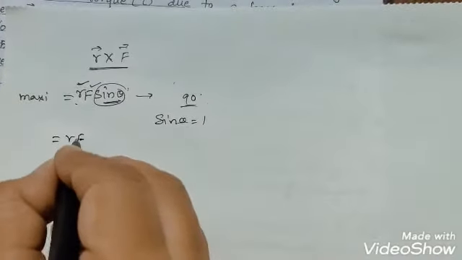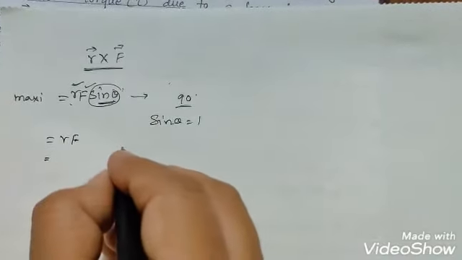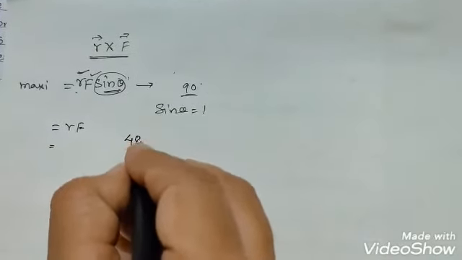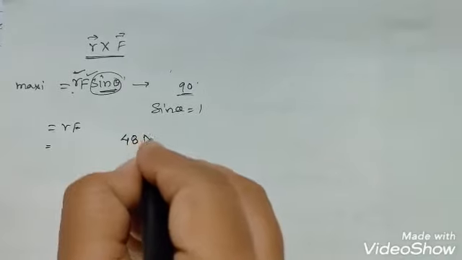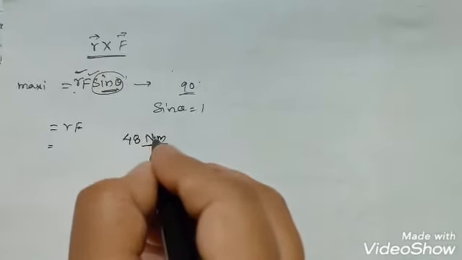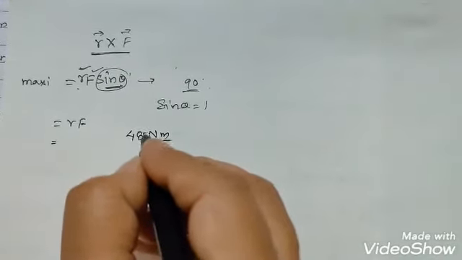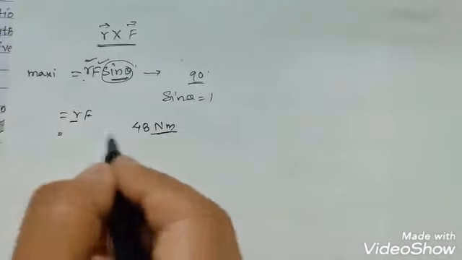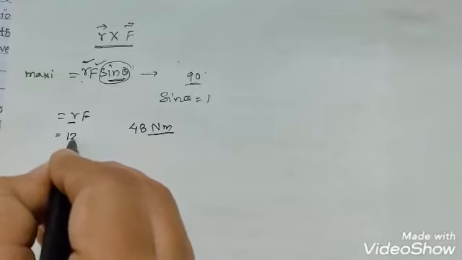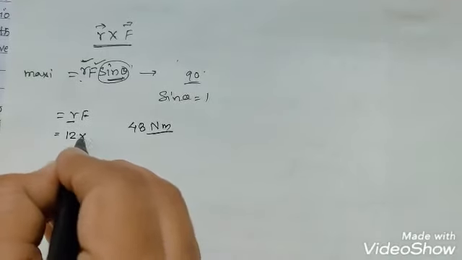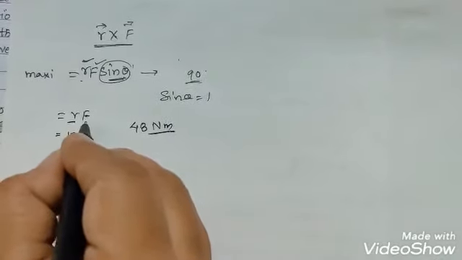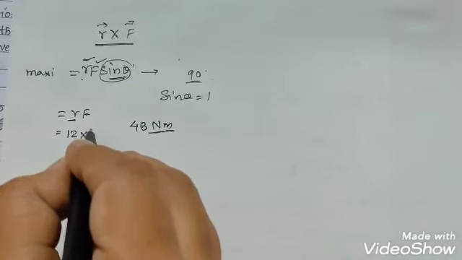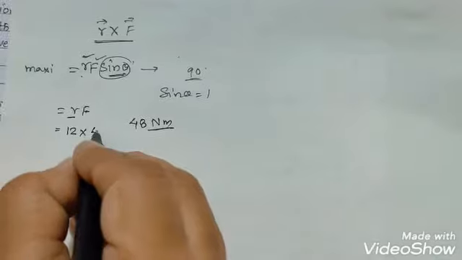Now suppose we have to produce a turning effect of 48 Newton meter. In such a situation we can take R maximum, like if I take R as 12, then F would be 4.